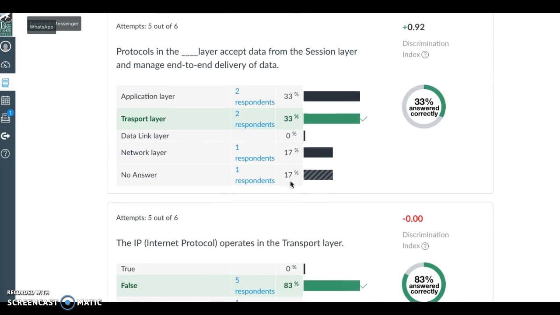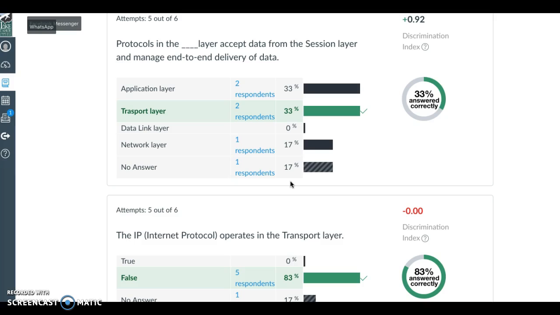And I'll say that this one actually leads us into this one. Protocols in the blank layer accept data from the session layer and manage end-to-end delivery of data. Now, one thing about the OSI model is that each layer, let's say the session layer, only communicates with the layer above it and below it. So it can't be the application layer because it can't get all the way up there.